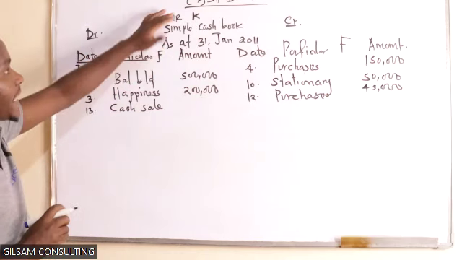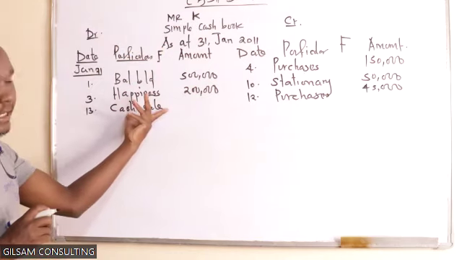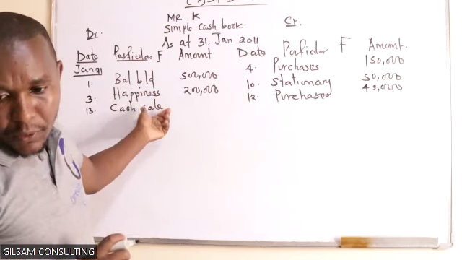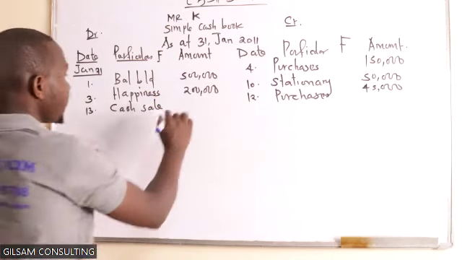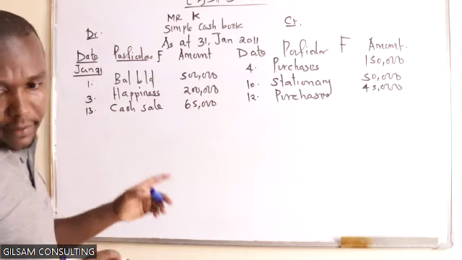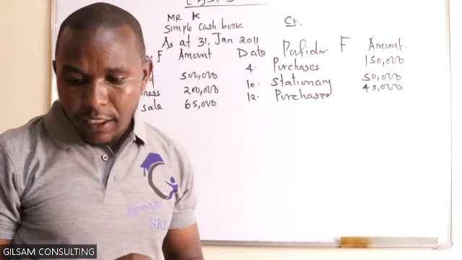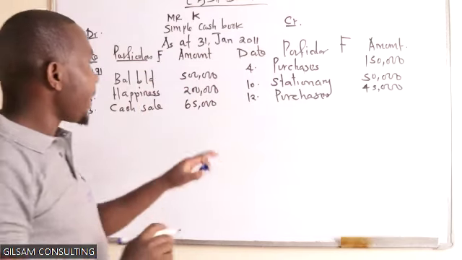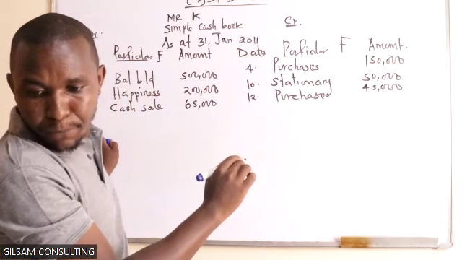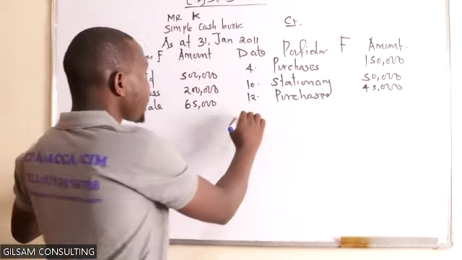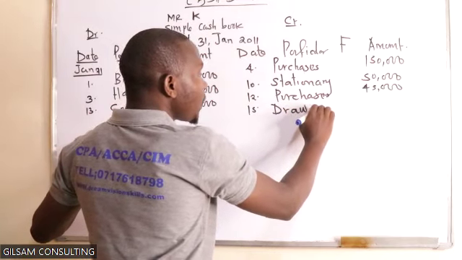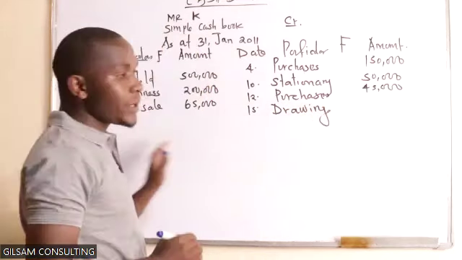If you debit the cash book, then you will credit the sales. So we have 65,000. And then we have cash withdrawn, date 15, drawings. The account affected is the drawings account.